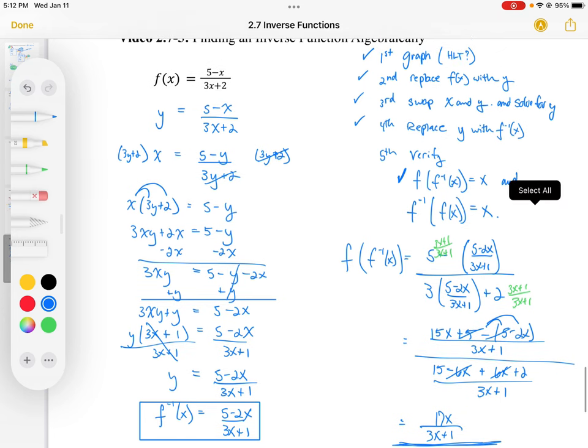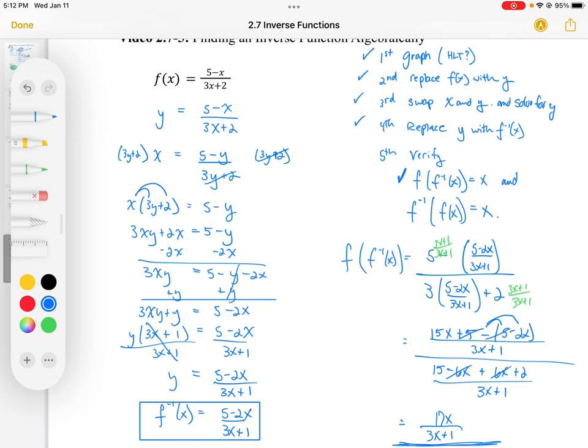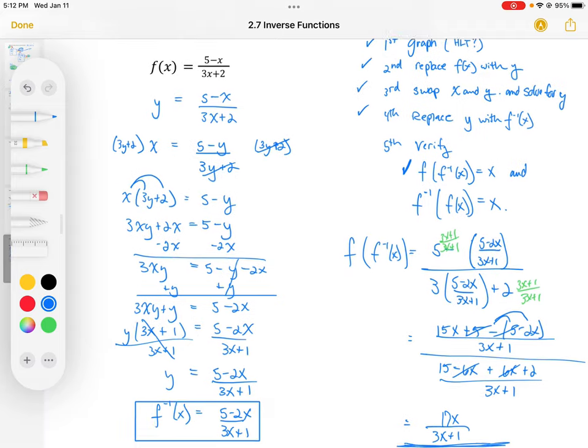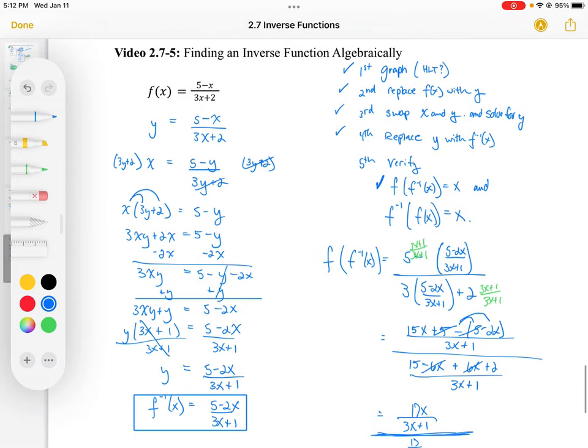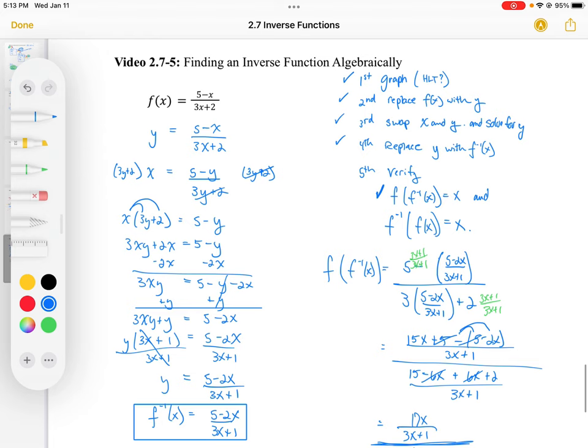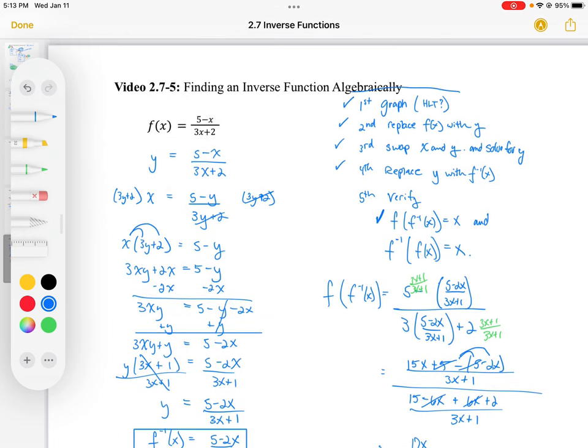And oftentimes the verification is longer than finding the inverse function to begin with. So I'm going to end this video here now that you've learned how to find an inverse function algebraically following these 5 steps.